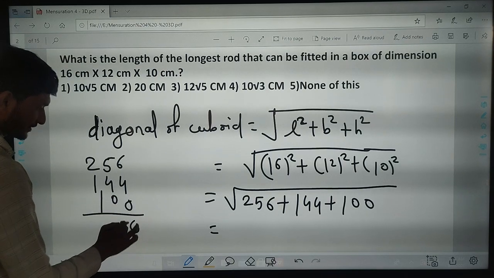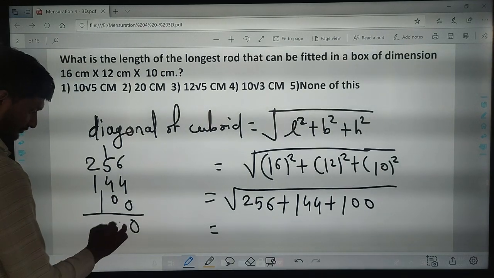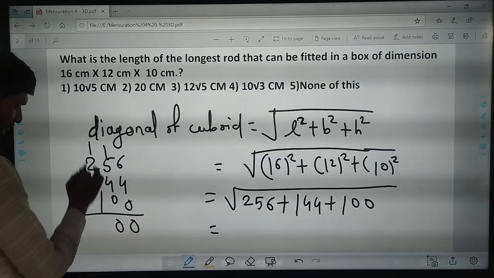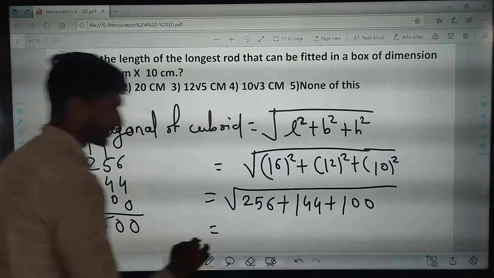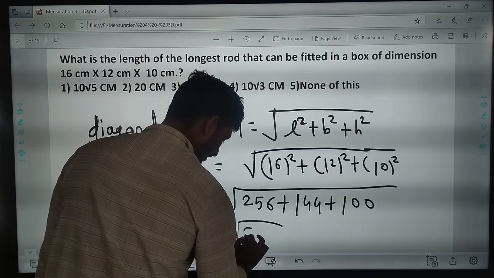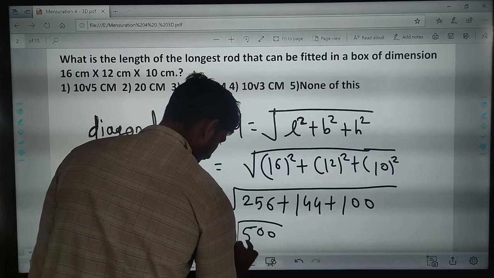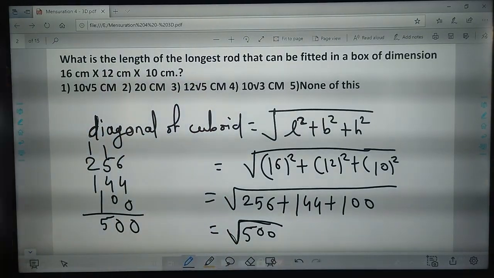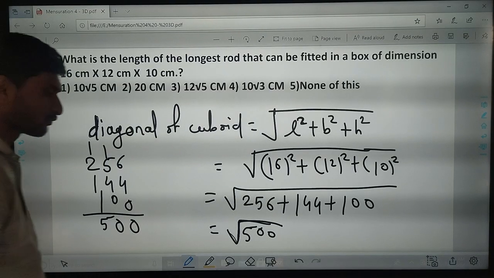Then we get the answer 500. Now here the length of the diagonal is under root 500.